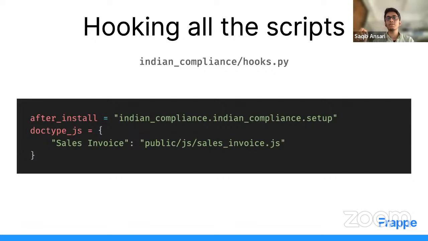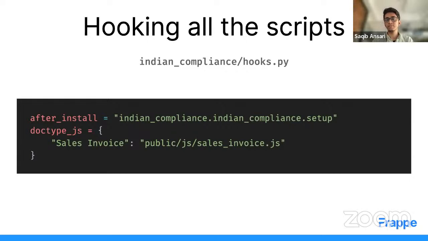So once the app is installed, the setup method which I showed in the first step will be run, and then all the fixtures and custom fields will be installed once the app is installed. And then this doctype_js, this will link to specific forms.